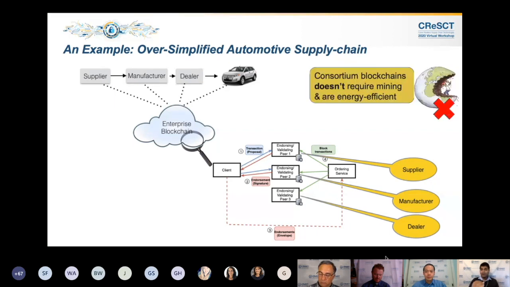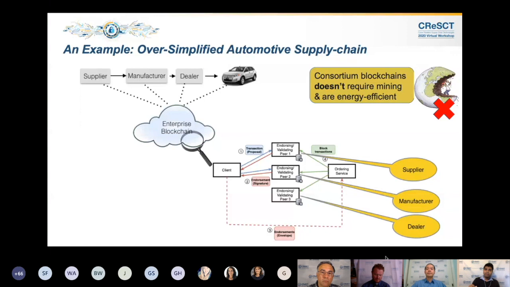Let me take a moment to say that whenever I talk to people about using blockchains for supply chain, they always think about Bitcoin mining and find it to be consuming lots of energy and requiring significant overhead.